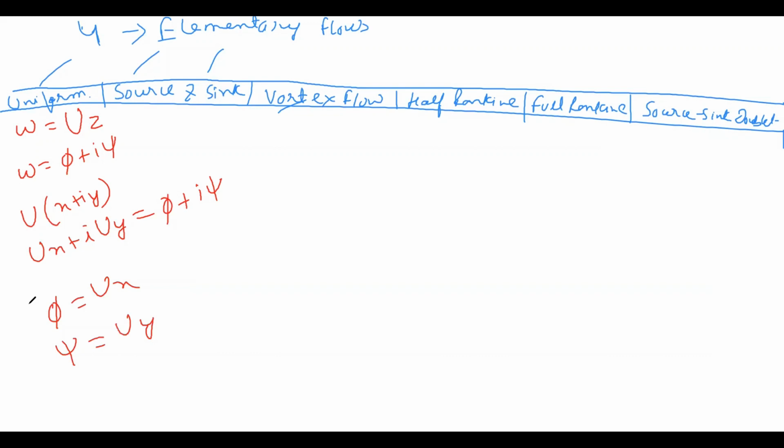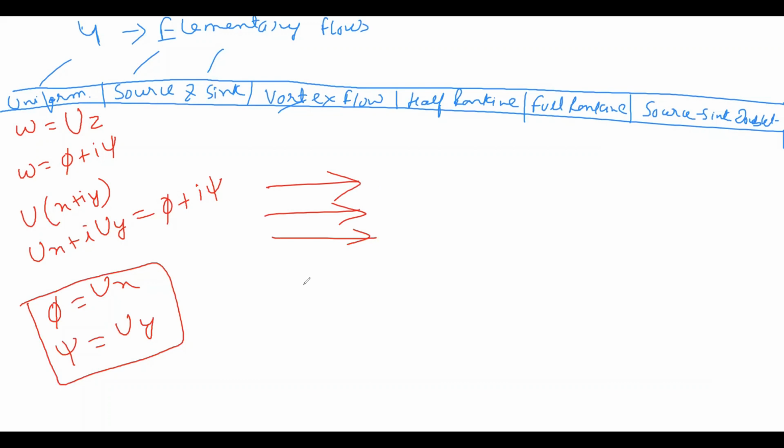Simple. Uniform flow means the flow is going in only the x direction. Here u will be equal to capital U and v will be equal to 0.